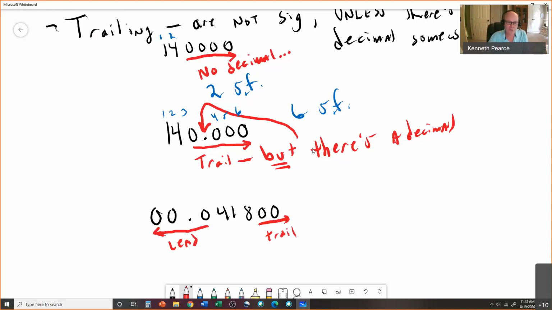And we say, well, leading's never significant, so those don't count for anything. Trailing, on the other hand, we have a decimal there. And so we count those trailing zeros because there's a decimal somewhere, and it doesn't matter where the decimal is. And so we go 1, 2, 3, 4, 5. 5 SF. Okay, 5 SF.